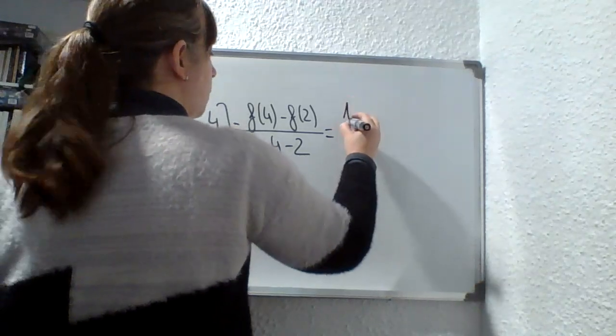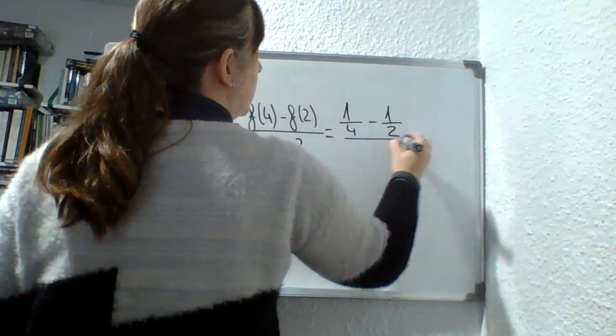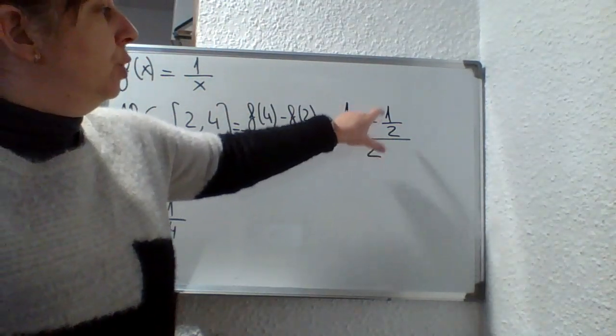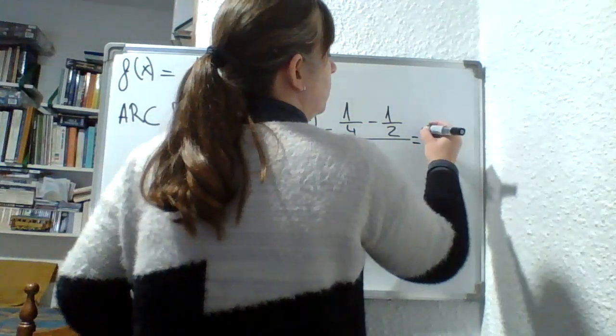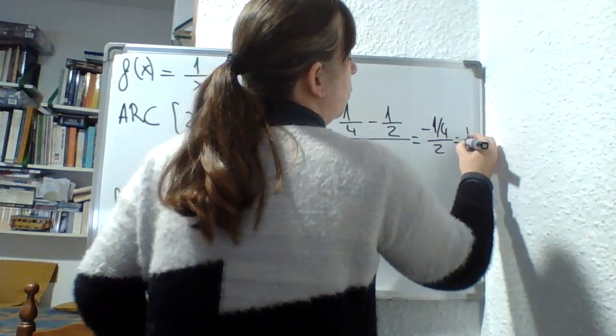So it is 1/4 minus 1/2 divided by 2. 1/4 minus 2/4 is minus 1/4. Minus 1/4 divided by 2, minus 1/8.